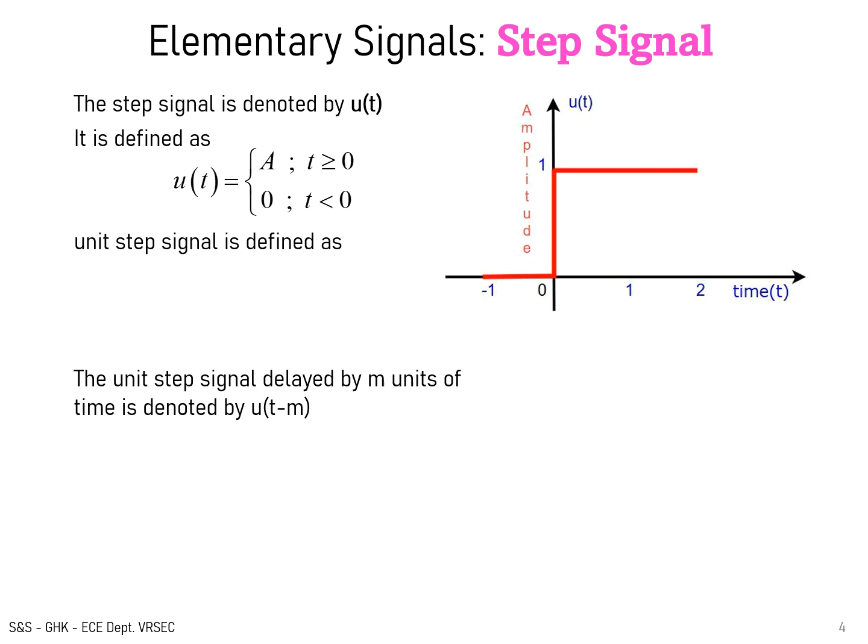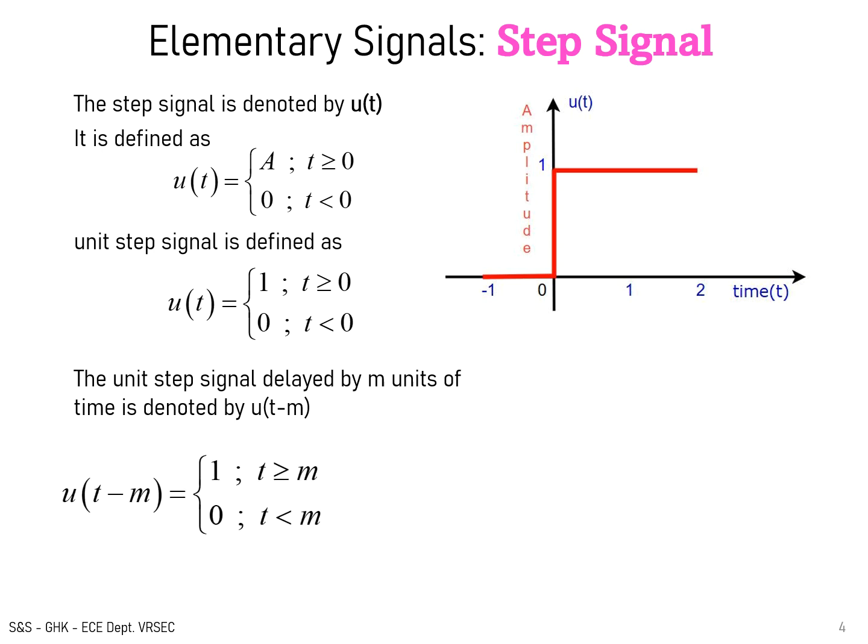If the height of the step is equal to 1, the signal is referred to as the unit step signal. u of t equal to 1 for t greater than or equal to 0 and 0 for t less than 0. If this unit step signal is delayed by m units, it is expressed as u of t minus m, and its value is 1 for t greater than or equal to m and 0 for t less than m.